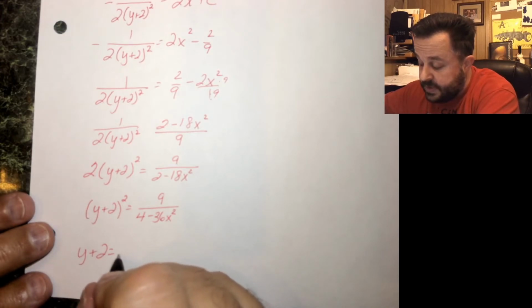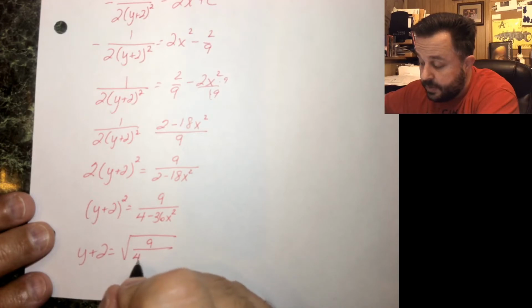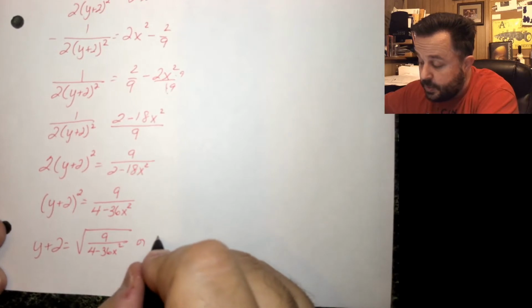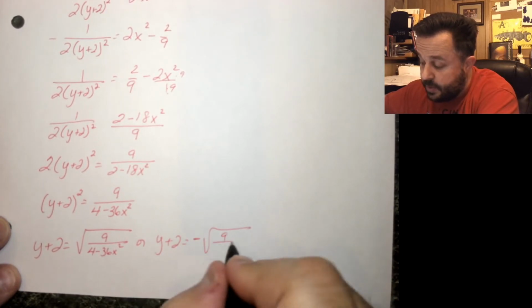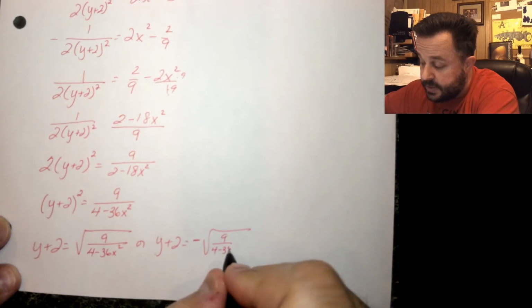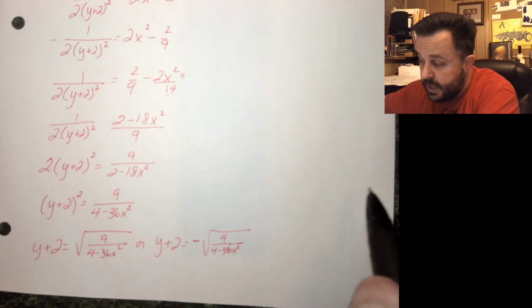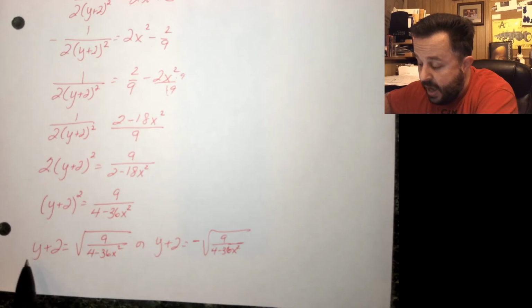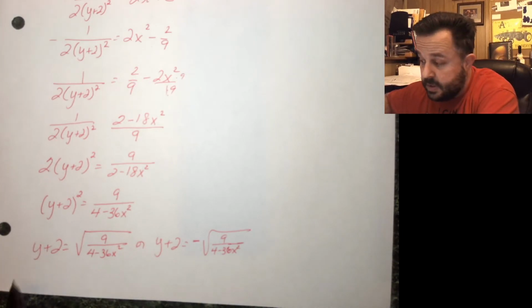Now again, we have to consider, is it going to be the positive square root of 9 over 4 minus 36x squared, or the negative square root of 9 over 4 minus 36x squared? And the answer is, if I plug in 0, which one of these gives me a y value of negative 1/2? So let's just try that.